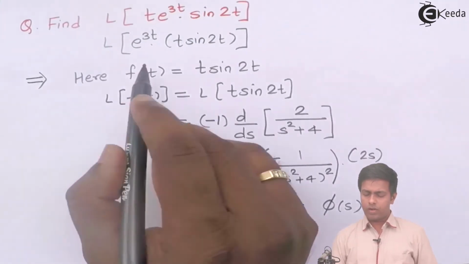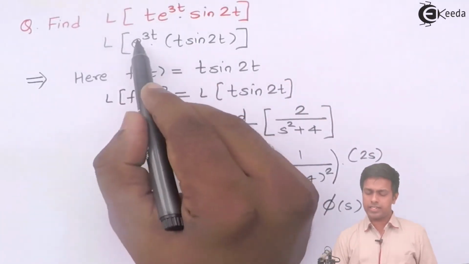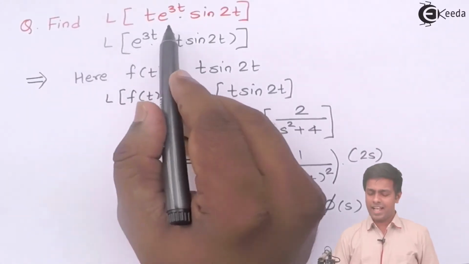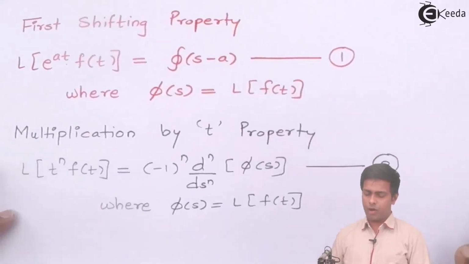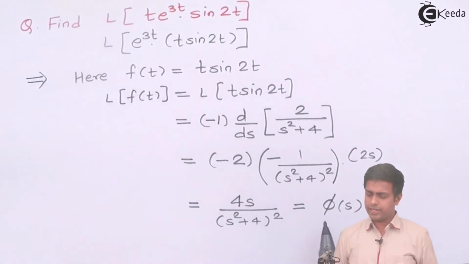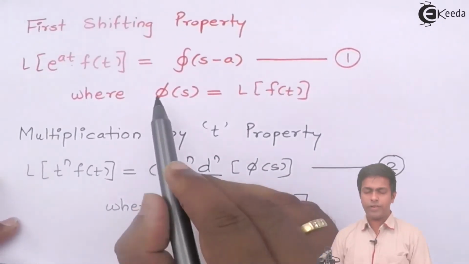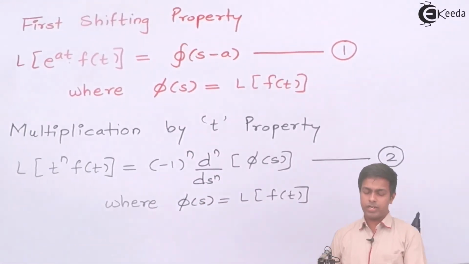So here we started from where we consider this as e raised to at and this one as f of t. So now we got the Laplace for f of t, which we said is phi of s. Now from phi of s we are going to find phi of s minus a. So let's start.